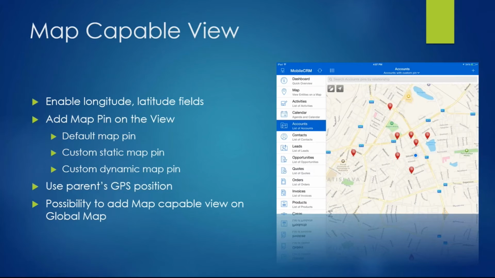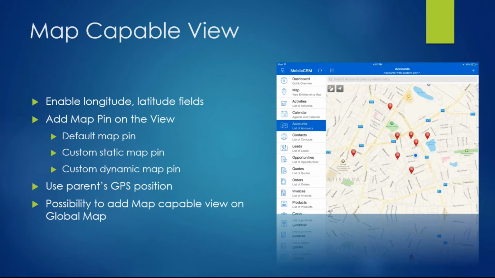As soon as the entity has the latitude and longitude fields and you enable them, you don't need to do anything else if you just want the default pin that was shown previously on, for example, the global map or on the view. Just enable these fields and users will be able to switch a view to see the map.